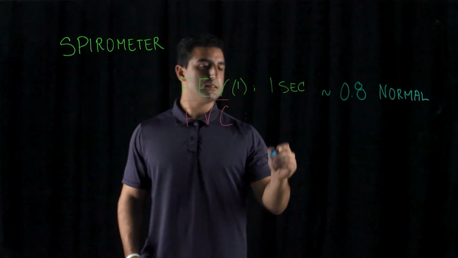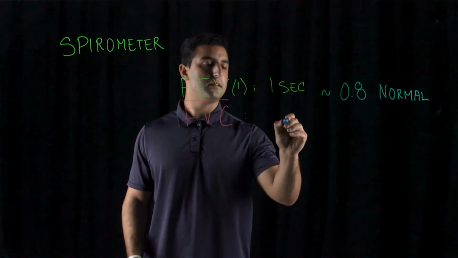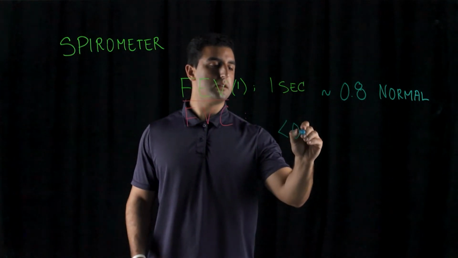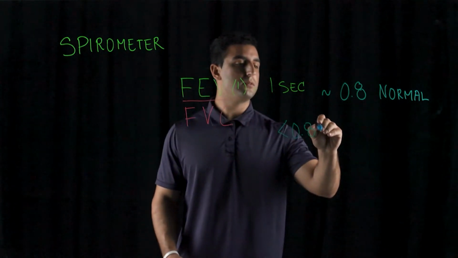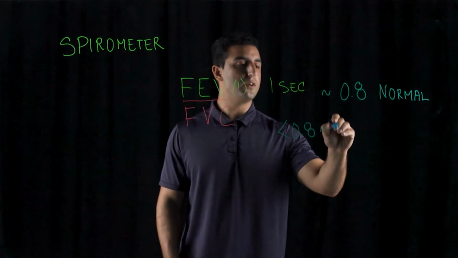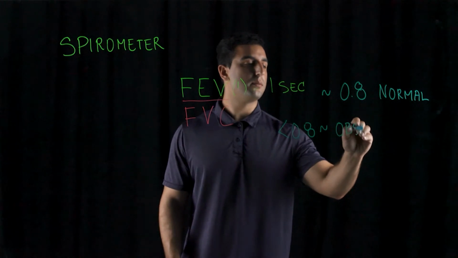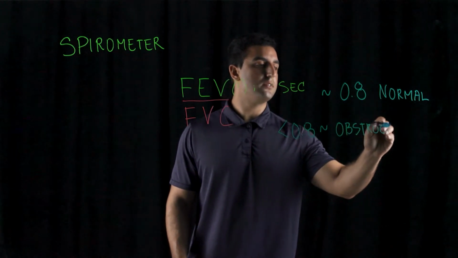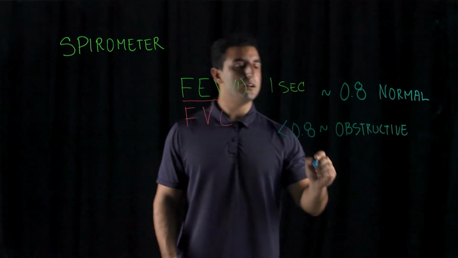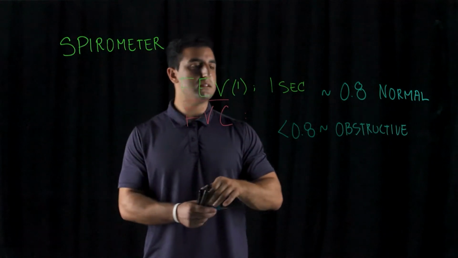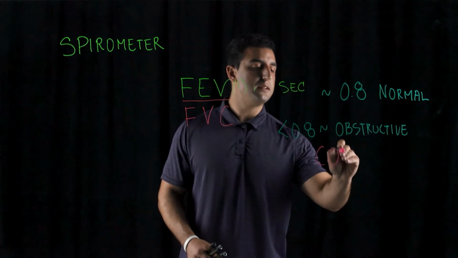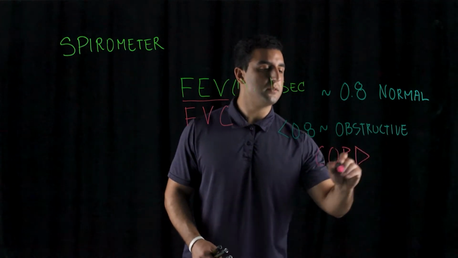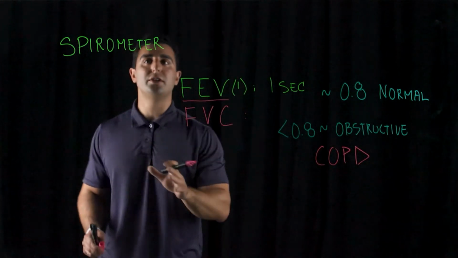Anything less than 0.8 is where you have an obstructive problem. So what was an example of obstructive that we talked about before? A lot of COPD, chronic obstructive pulmonary diseases like chronic bronchitis and emphysema.